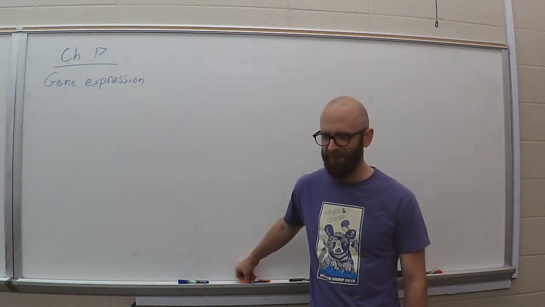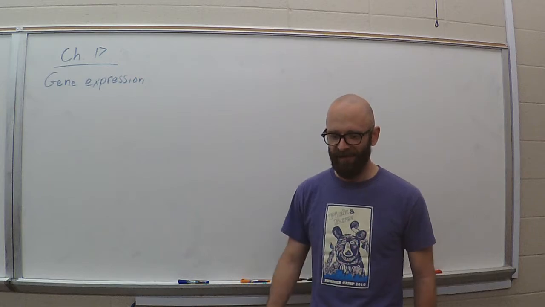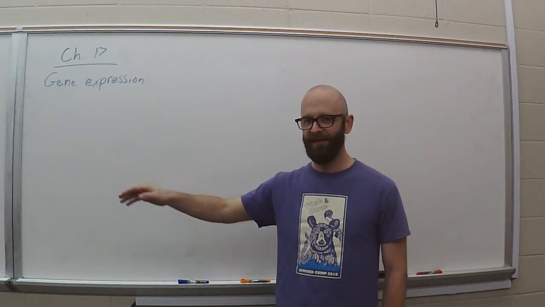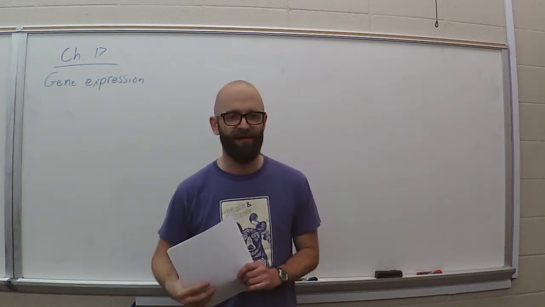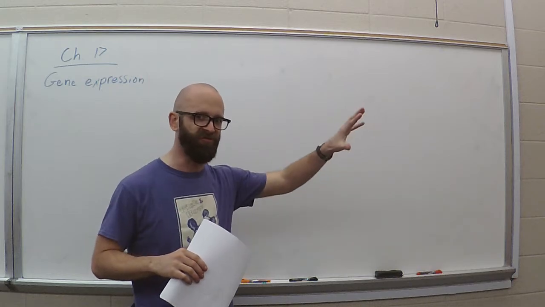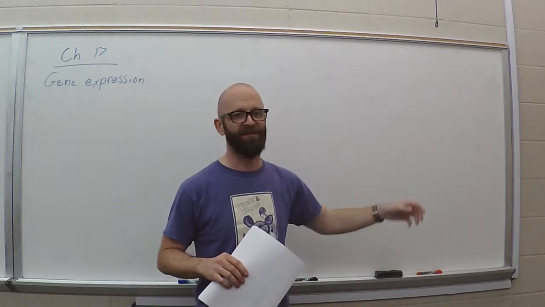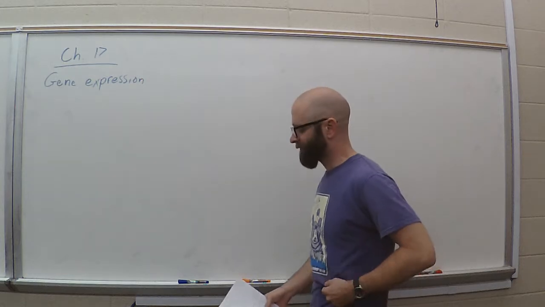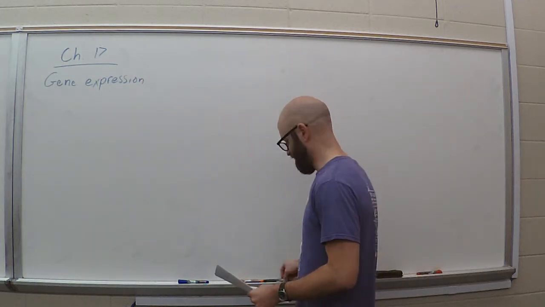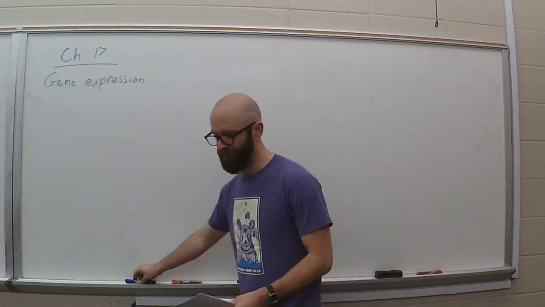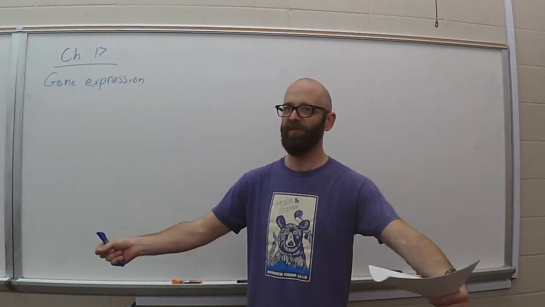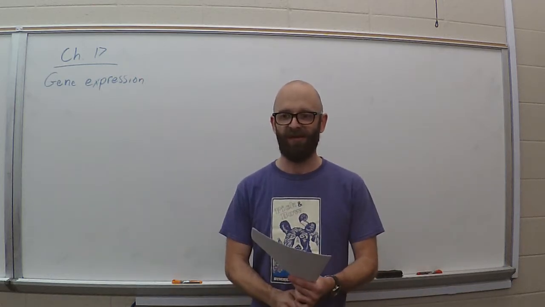But at the base of this concept is this idea of genes encoded in DNA ultimately encoding proteins, which do all the different things inside of a cell. So genes encode polypeptides, and the polypeptides are what do the things associated with that gene, right?